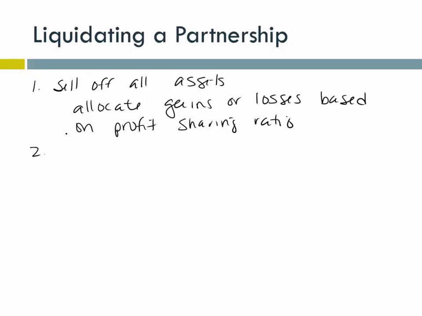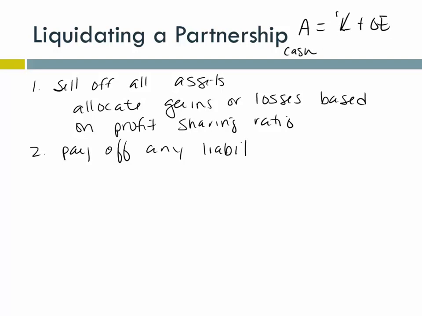Now, the only asset I have is cash. I've sold off everything. The next thing I do is pay off any liabilities. And then if we look at assets equal liabilities plus owner's equity, the only asset we have is cash, and the liabilities are gone because I just paid those off. So now the cash equals the owner's equity.